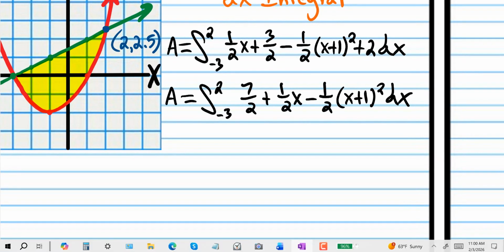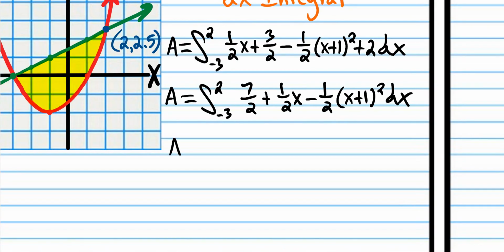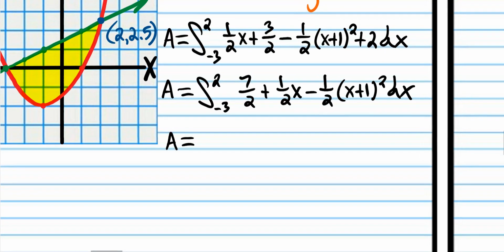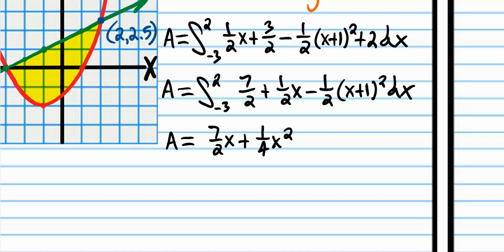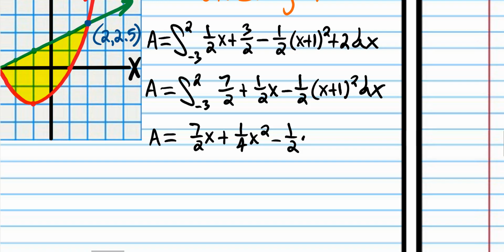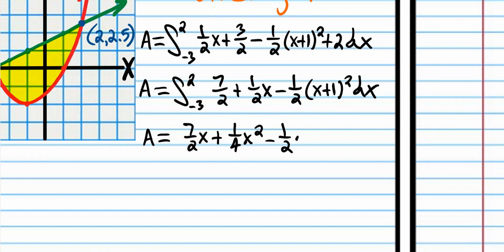Okay, so now we're ready to find the antiderivative. So we have 3/2 x plus 1/4 x squared minus 1/2 times... Now this is where you need a u substitution.